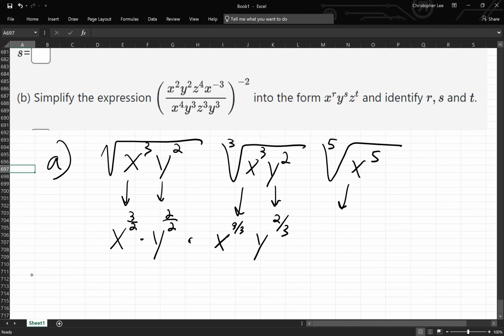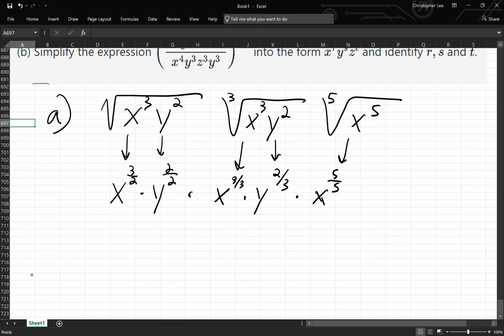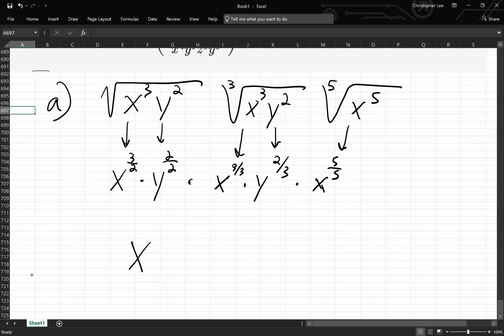And then this one should just be x to the 5 over 5. Right? Now, help me out. Whenever I multiply exponents, what do I do? What's that keyword there? Add them, right? So this becomes x to the what?